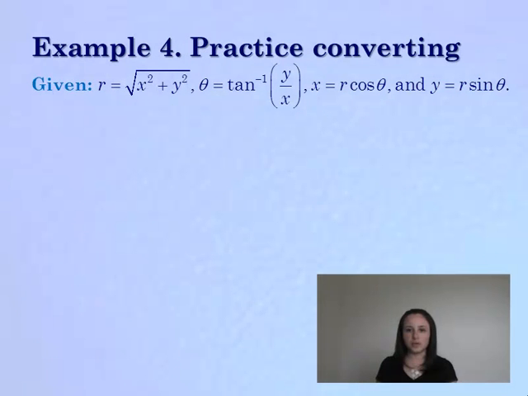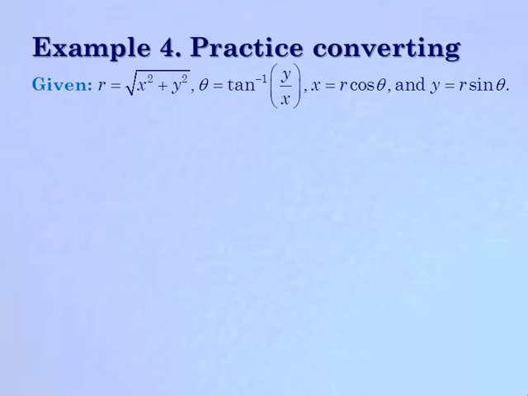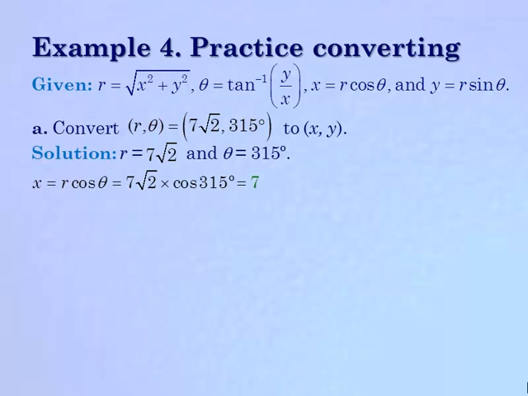Now let's practice doing some of that converting. Here we show you the summary of all of the conversion formulas that we've just discovered. We'll convert r, theta of 7 square roots of 2 at 315 degrees to x, y. If we simply apply the formulas above, x is going to equal r cosine theta, which equals 7 square root of 2 times the cosine of that angle.